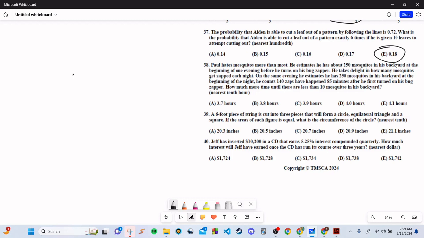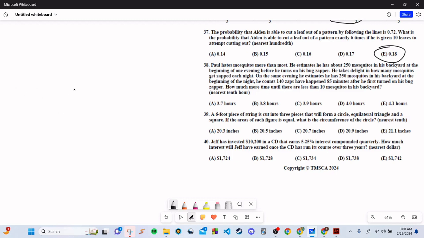On the same evening, he estimates he has 250 mosquitoes in his backyard at the beginning of the night. He counts 140 zaps have happened 35 minutes after he first turned on his bug zapper. How much more time until there are less than 10 mosquitoes in the backyard?